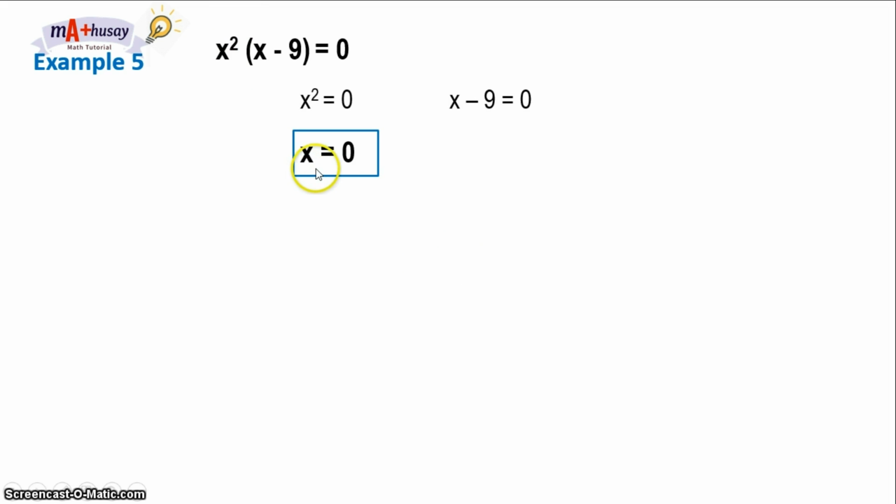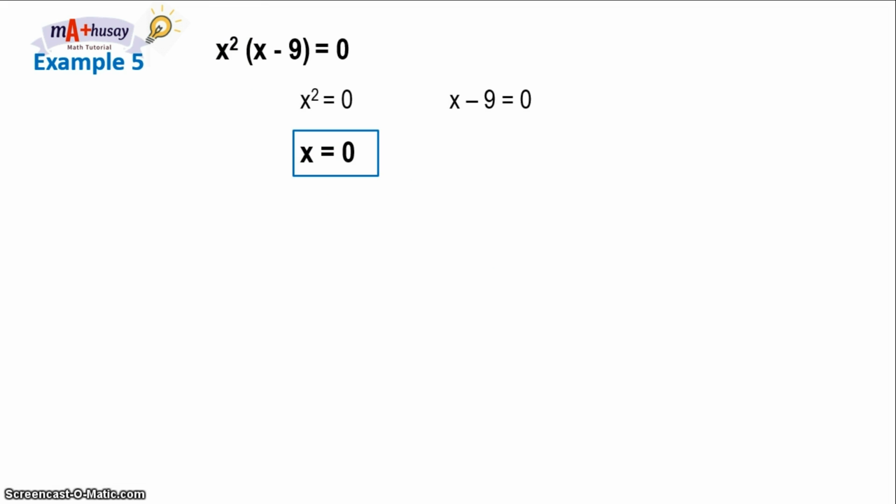Example number 5. We have x squared times x minus 9 equals 0. So in this case, either x squared is equal to 0 or x minus 9 is equal to 0. Now, to solve for the value of x, we have x is equal to 0.